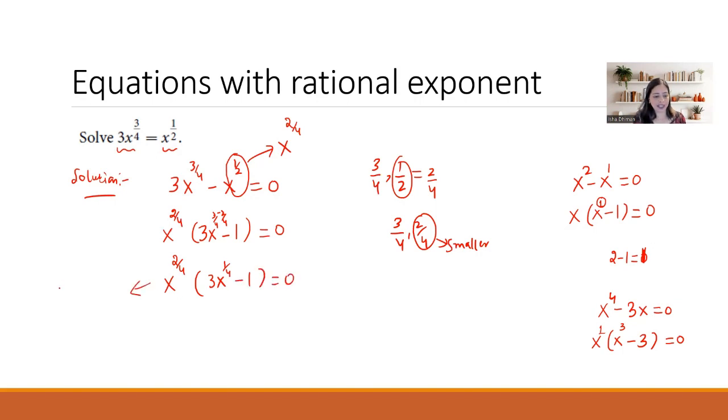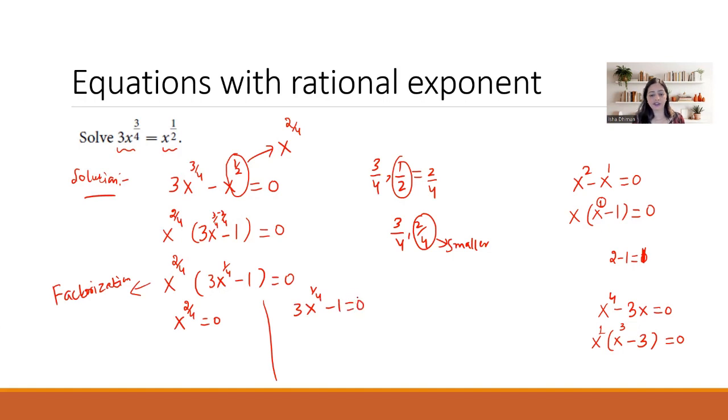Now this expression which you have just obtained is the factorized form of the original given equation. And once we know we have the factorized form, we can use the zero product property. The zero product property tells you that each of the factors can be put equal to 0 individually to work on two different equations.